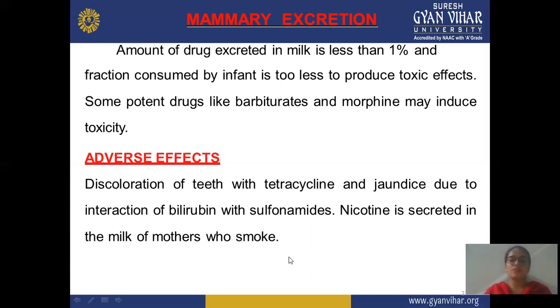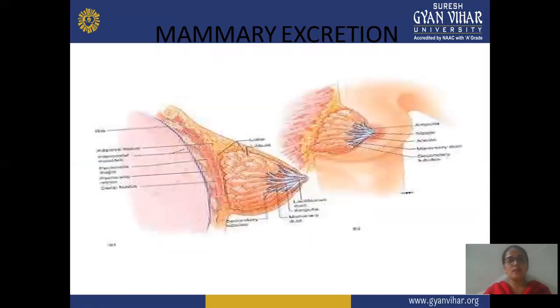If a mother is smoking and breastfeeding her infant, due to the presence of nicotine, nicotine is excreted in the milk. This is an example, or diagram, of mammary excretion, where the excretion takes place during breastfeeding to infants.